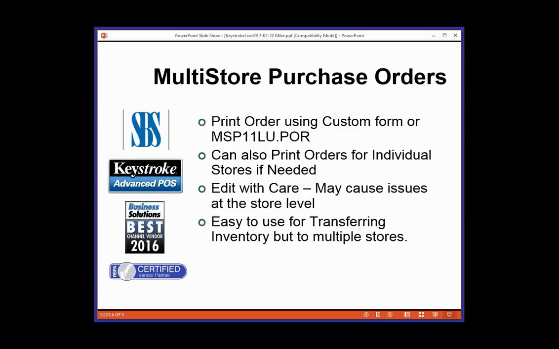The store may not know about that. They may think that order is done. So there must be a process in place to tell the stores, hey, I've edited this order. Or you can have them delete what they've already received and edit the purchase order, and they'll bring over a new copy of it. You just have to do that with care. I'm going to show you here in Keystroke how you can do a store transfer to different stores.